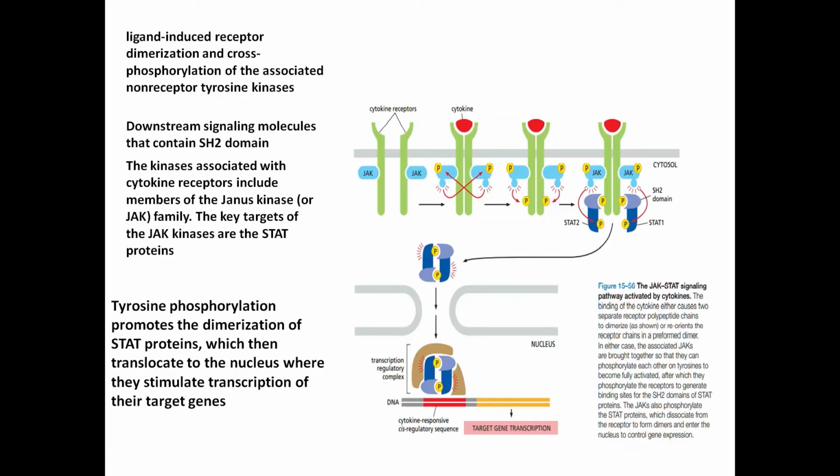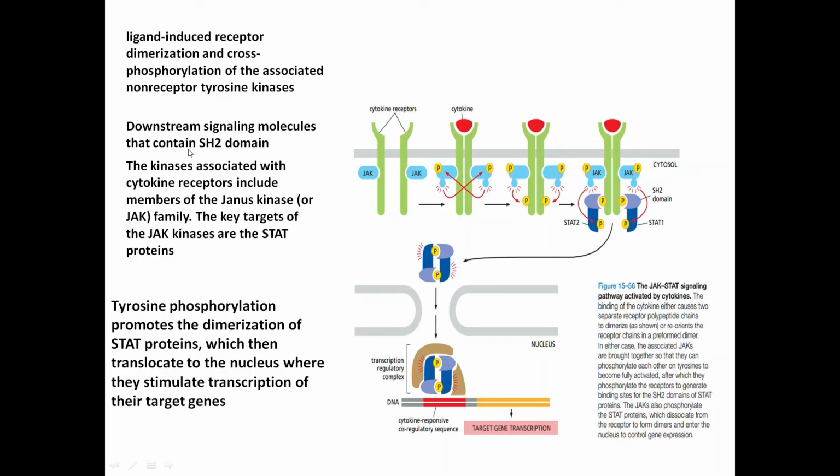Now let's start with the signaling very quickly. Ligand induced receptor dimerization and cross phosphorylation of the associated non-receptor tyrosine kinase, which I have already discussed. After the ligand binds to the receptor, there will be dimerization of the receptor, then cross phosphorylation with the help of the kinase domain, which is bound non-covalently to the receptor.